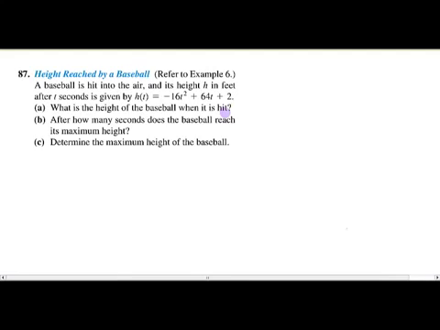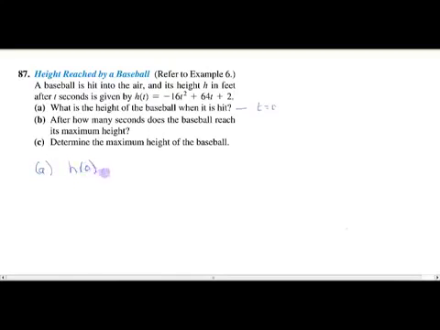So if we're asked to find the height, we need to know what the when is. And the moment that that ball is hit is t equals 0, because t is the seconds after it was hit. So we know here that t equals 0, and that will help us to find the height of that baseball. So let's come down here. We go h of 0.